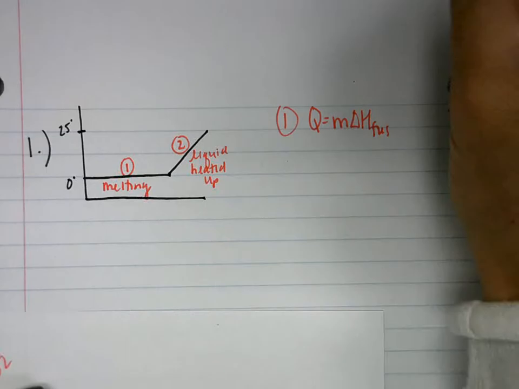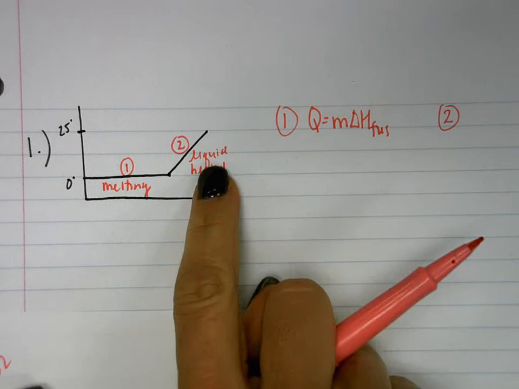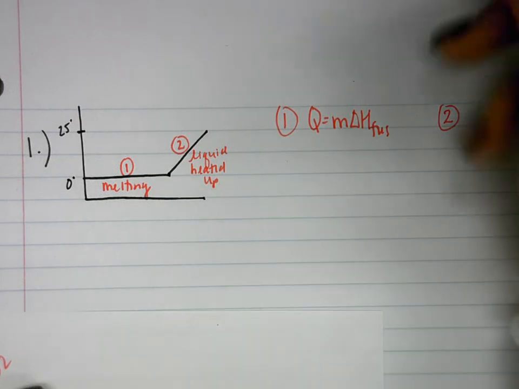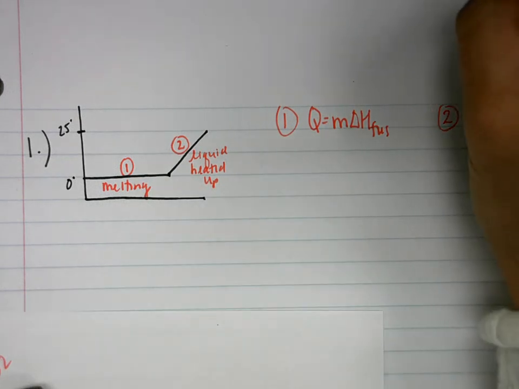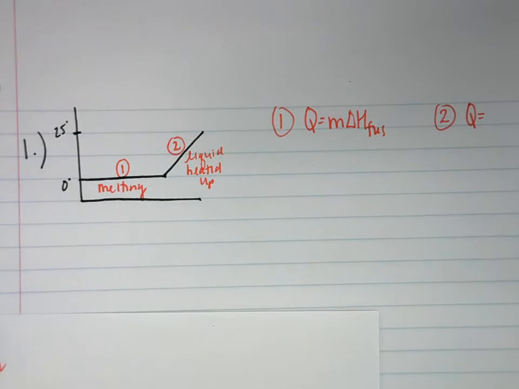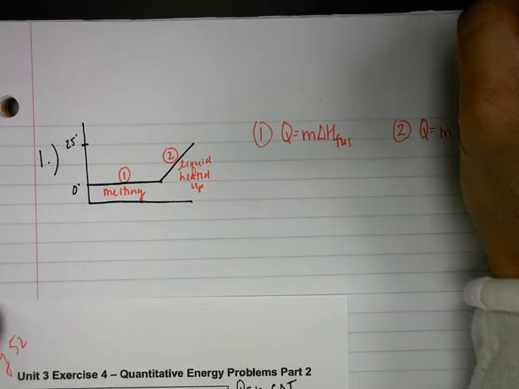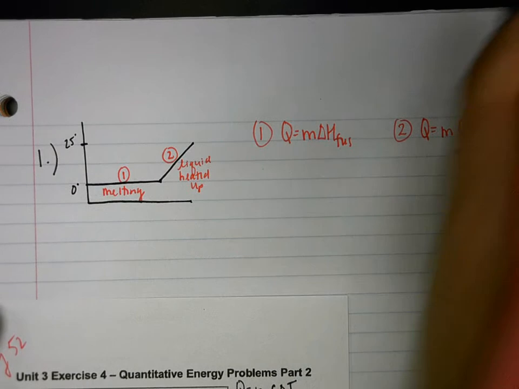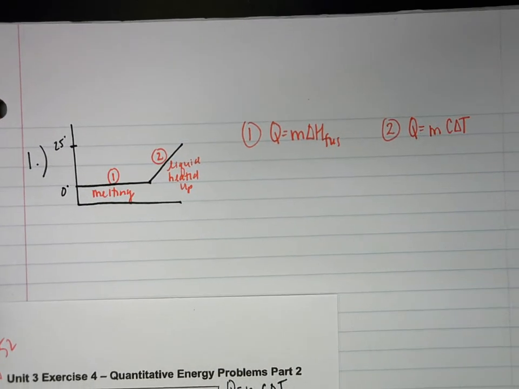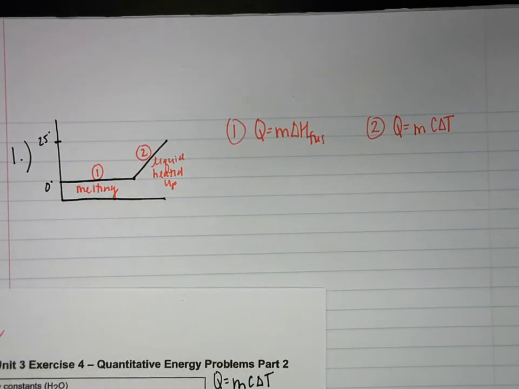For the second part, we have liquid water being heated up. There is a change in temperature, so we have Q equals mc delta T.